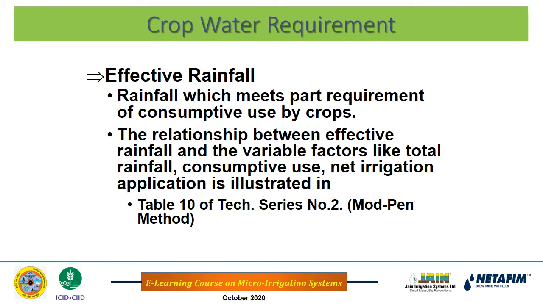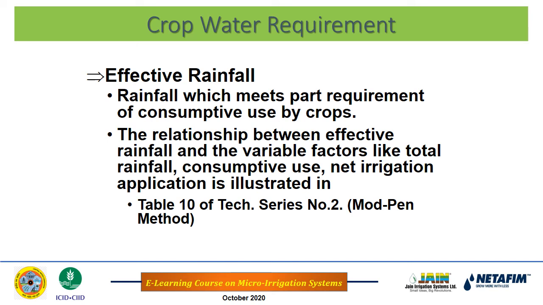Then another important thing which we would like to know is the effective rainfall, which means the part of the requirement of consumptive use of crops, because sometimes when there is rainfall, the entire water would not be available for use by the crop. So that part of the rainfall which is usable by the crop is effective rainfall. And the relationship between effective rainfall and the variable factors like total rainfall, consumptive use, net irrigation application is illustrated in table 10 of technical series 2.